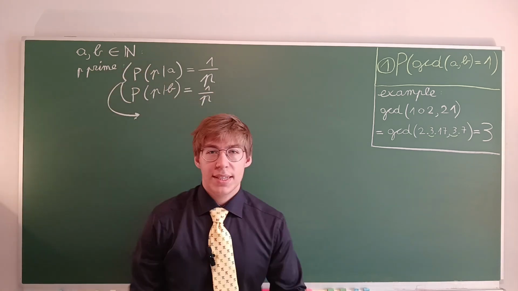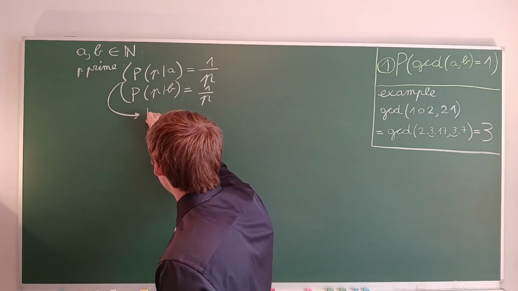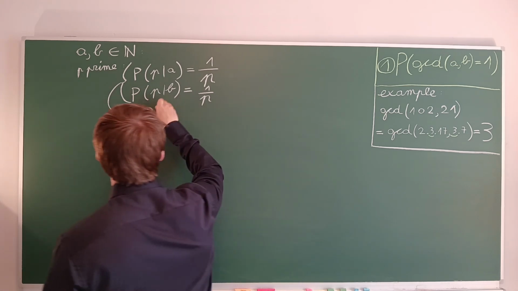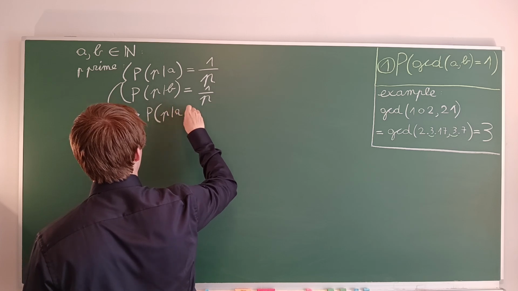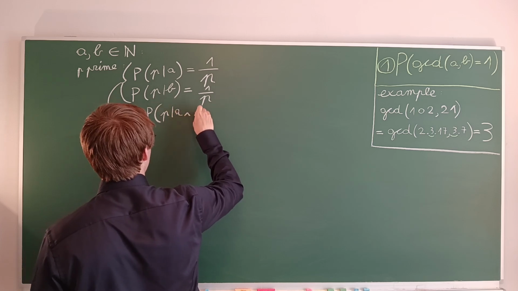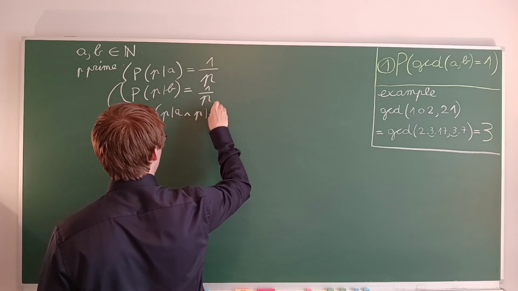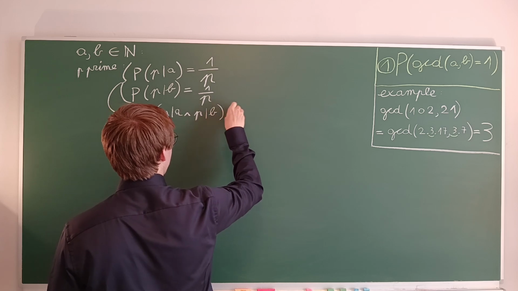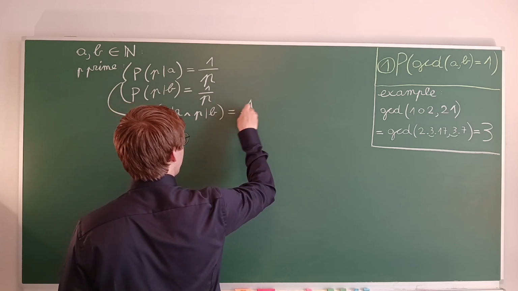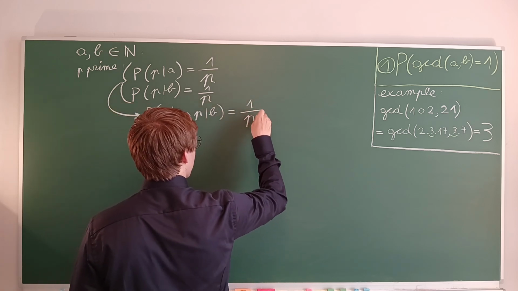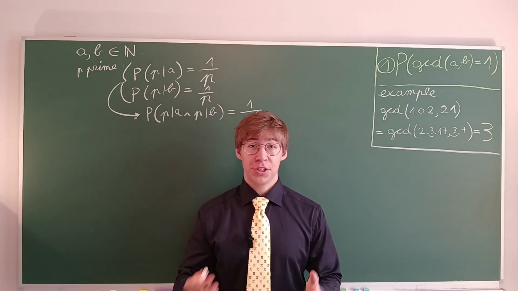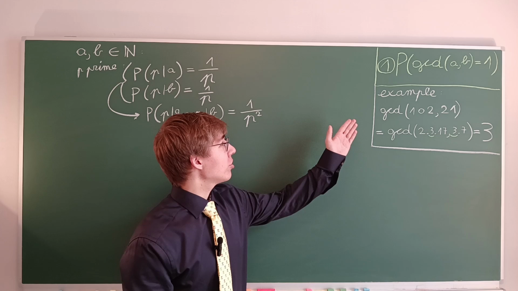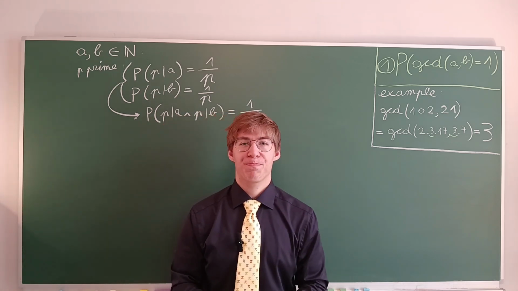So this gives us that the probability that p divides a and p divides b is equal to 1 over p squared. Now notice that this is exactly what we don't want to happen, since we want the GCD to be 1.